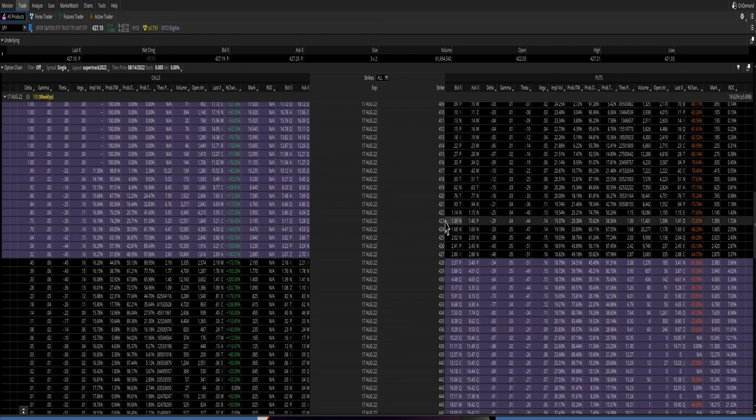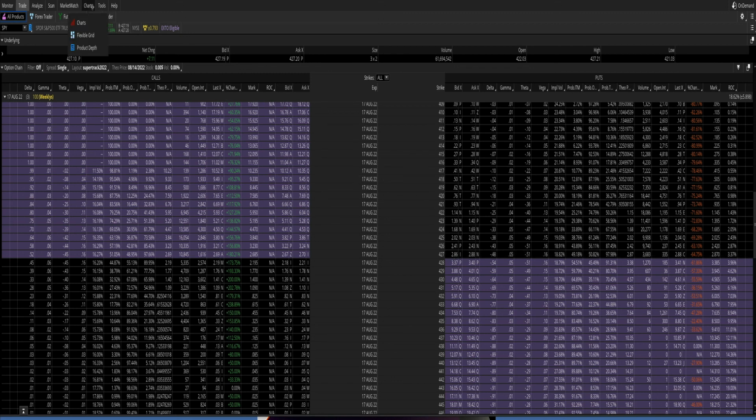There's good liquidity, good volume there, on the put side. So I'd be looking anywhere from 427 to 423. Now I could do a put spread as well, but I like to take either the call or the put side. So I'd be looking at what's going on with the volatility.